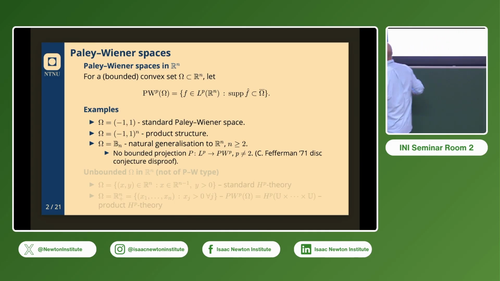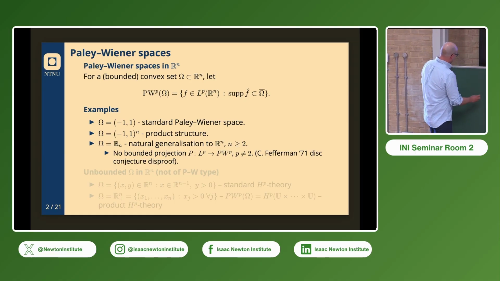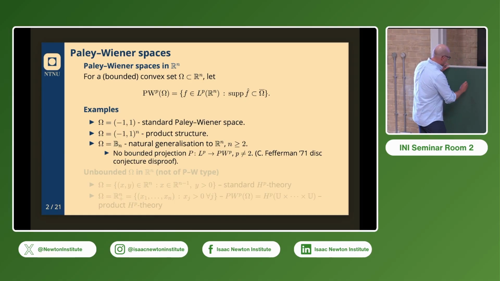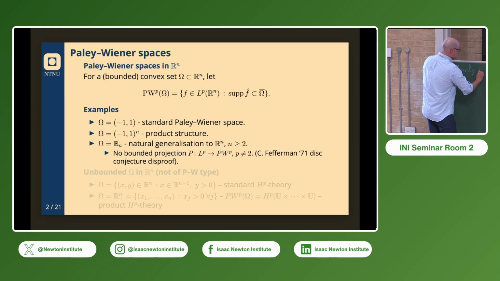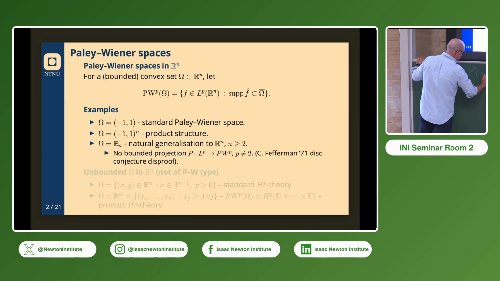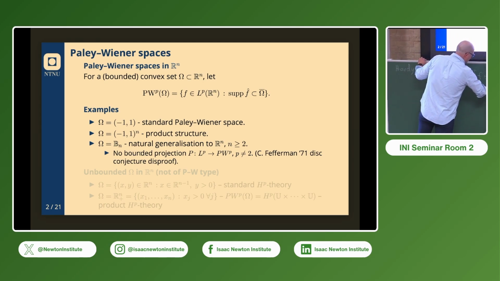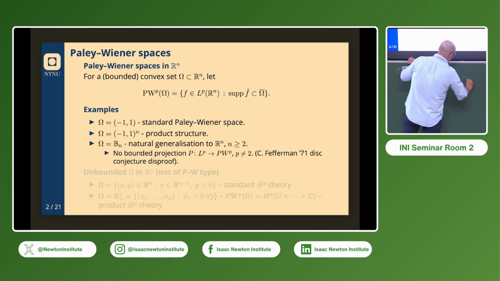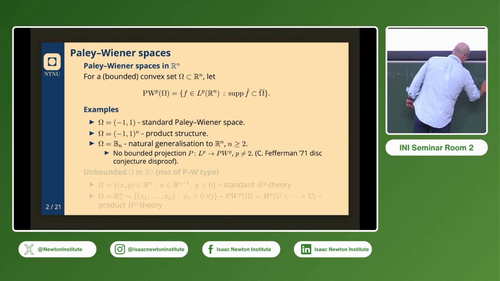In principle, this also makes sense for unbounded sets, and so that will also be included in the framework. The standard one is what I would call the Hardy space H^p of the upper half plane. These are L^p functions where the Fourier transform is supported in 0 to infinity.